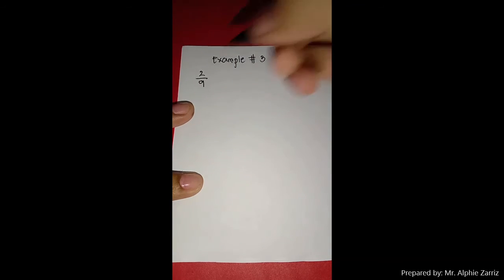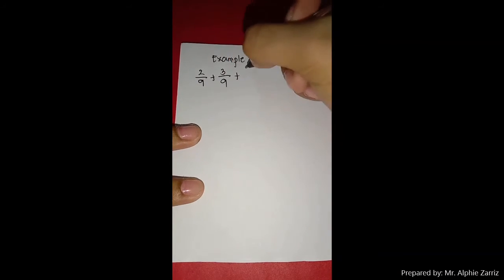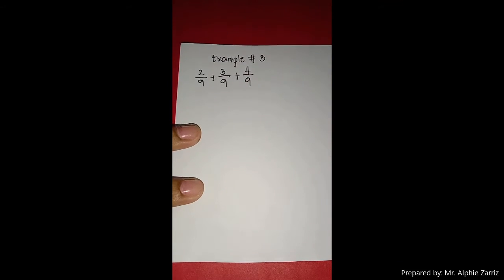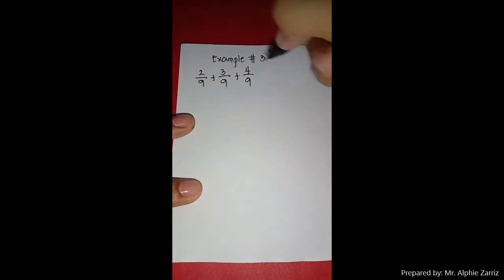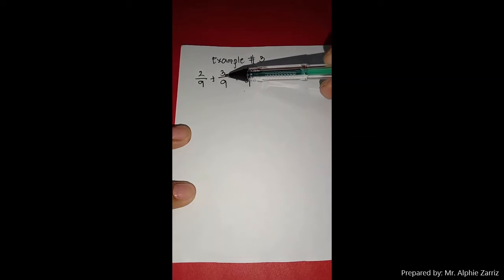We have here 2 over 9 plus 3 over 9, and then we have 4 over 9. Our rule, since it is still similar, is to automatically add the numerators.